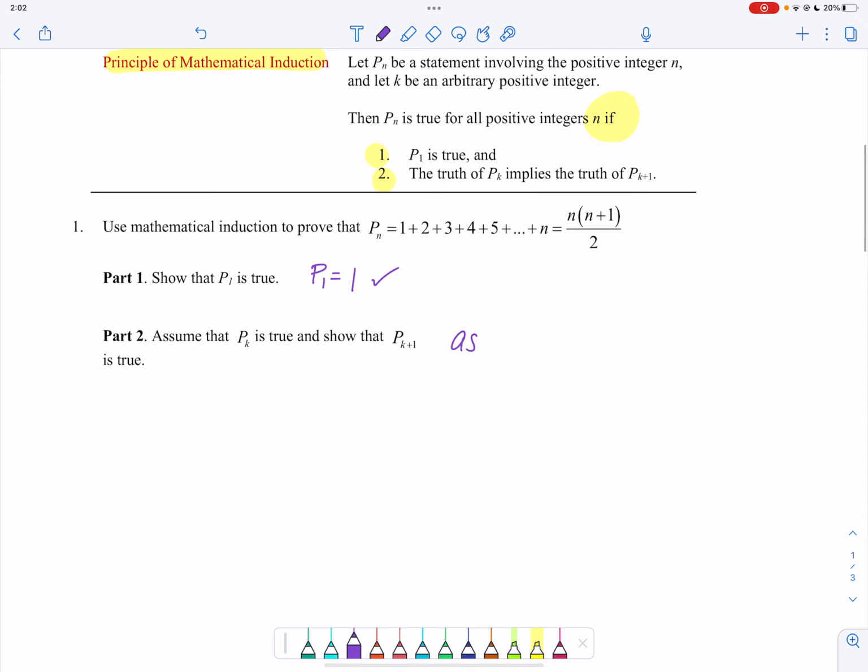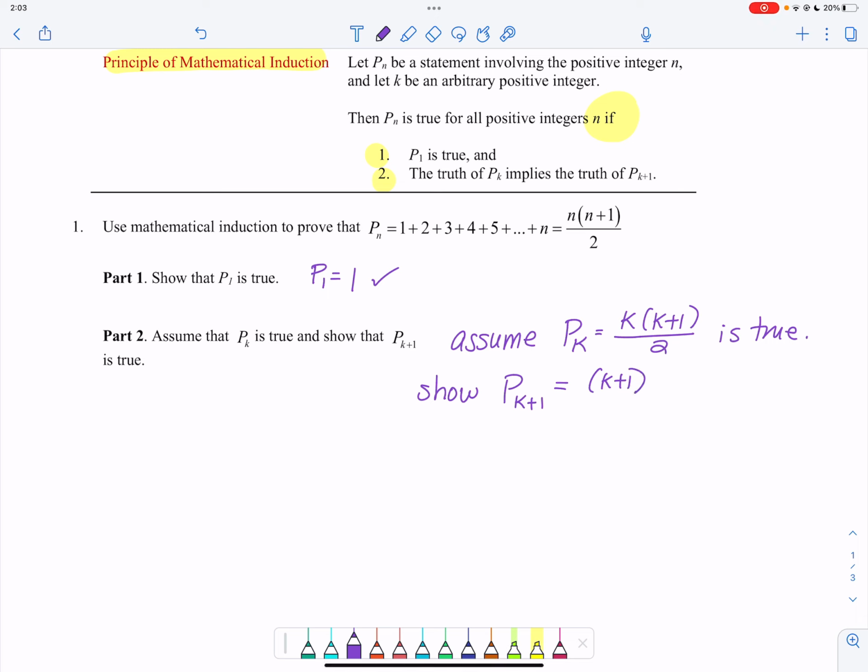So here we go. We're going to assume that P sub k is equal to k times k plus 1 over 2 is true. Now we want to show that P sub k plus 1 is equal to k plus 1 times... see how we've added 1 to k here?